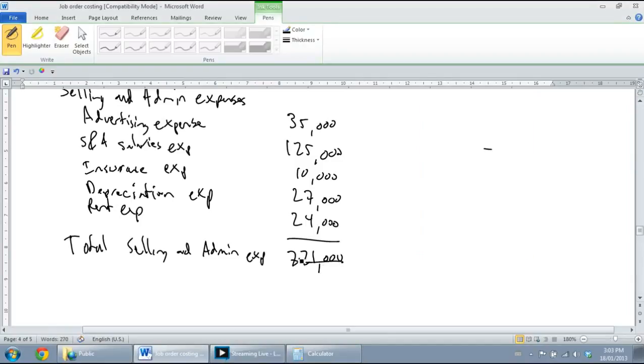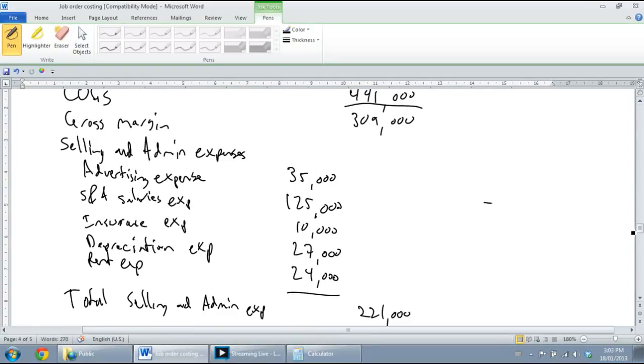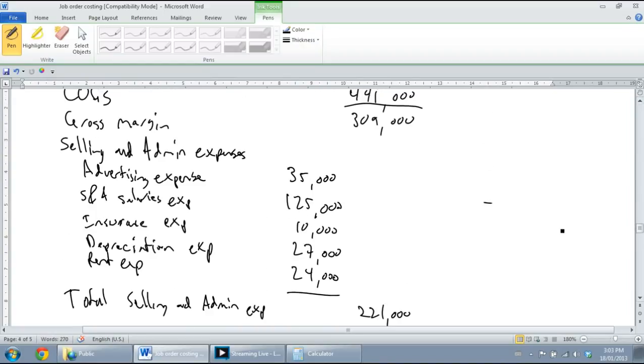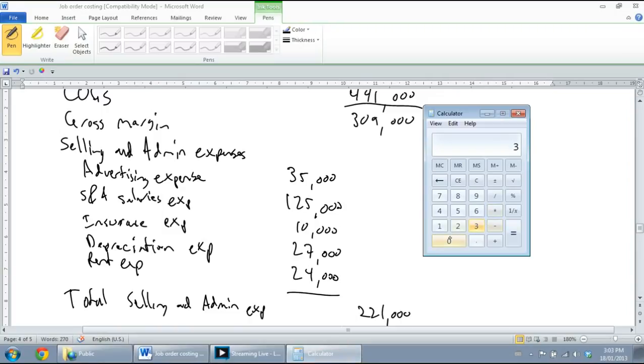And actually I should have put that on the right hand side. 221. Let me just erase that. There we are. So my gross margin was 309. My expenses were 221. 309 minus 221 equals $88,000.